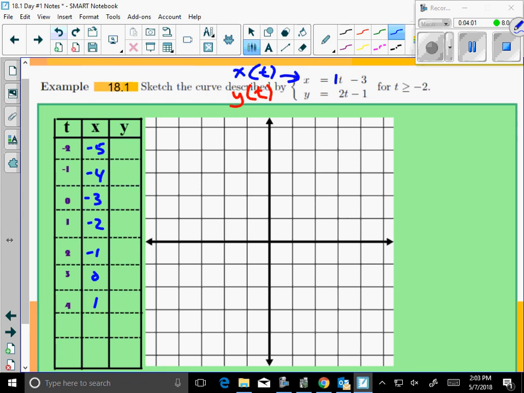There's also a linear relationship between t and y. All right, my first value, if I plug in a -2, I'd get -5. It's coincidental that those are the same. That's not always true. All right, and then what does that change by each time? 2. It's got a slope of 2 in that linear relationship, so that means each time it'll go up by 2.